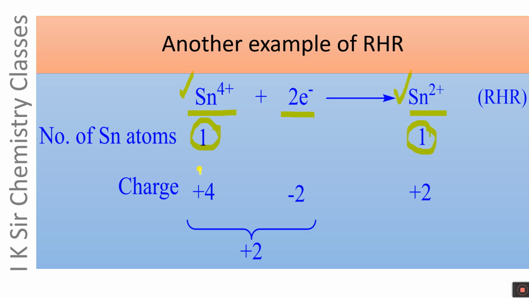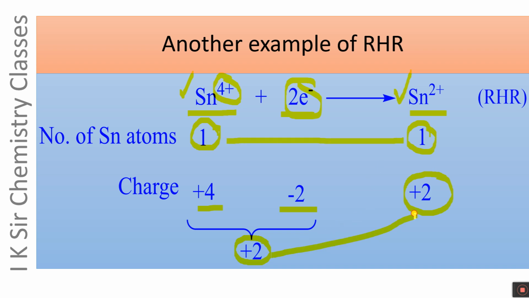The charge on the left hand side is plus 4 and minus 2. Plus 4 and minus 2, overall charge is plus 2. The charge on the right hand side is also plus 2. Thus, this reduction half reaction is balanced with respect to atoms as well as charge.